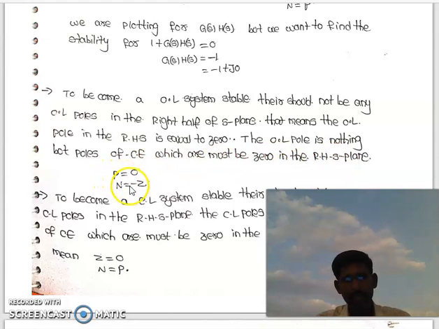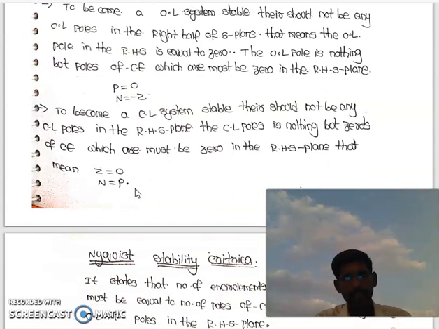So P equals 0, and if P equals 0, N equals minus Z. For the closed loop system to be stable, there should not be any closed loop poles in the right half of the S-plane. The closed loop poles are nothing but zeros of characteristic equation, which must be 0 in the right half of the S-plane. That means Z equals 0, so N equals P.